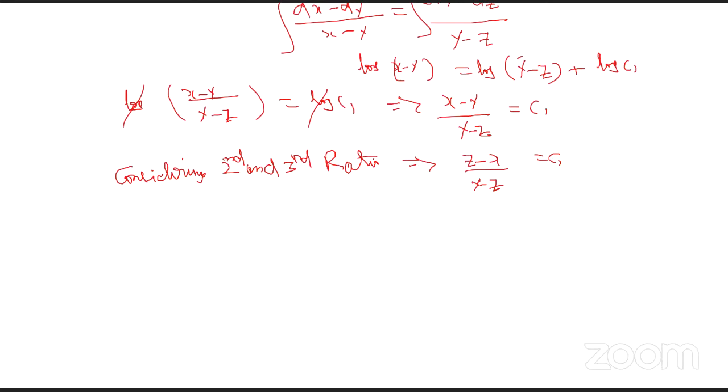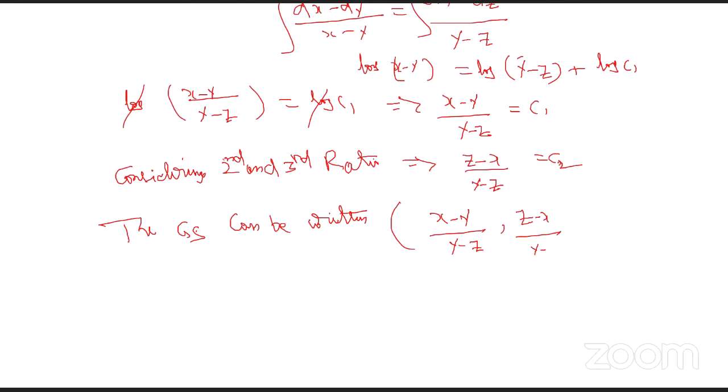Here the general solution can be written as x minus y whole divided by y minus z, comma, z minus x whole divided by y minus z, that equals c2.